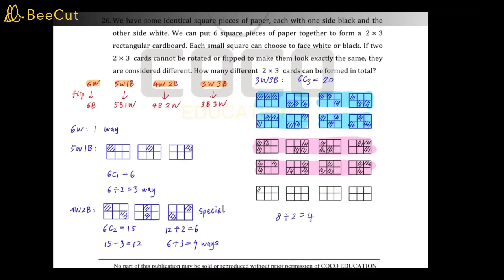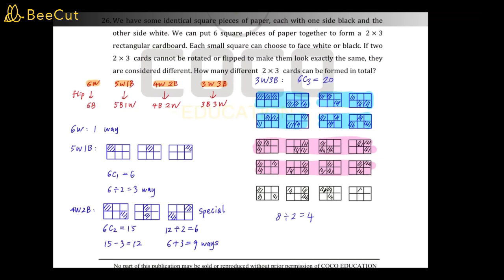Lastly, we can put the shaded one to the bottom. And then if we flip it, this goes to the top. And this is after rotation. Then if you flip it the other side, we get this.